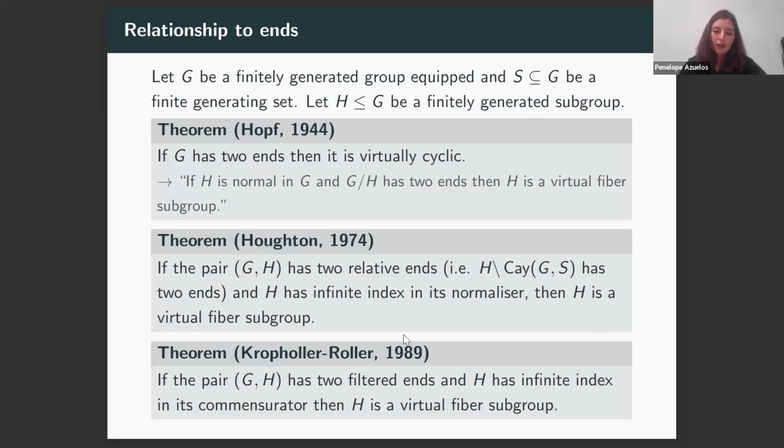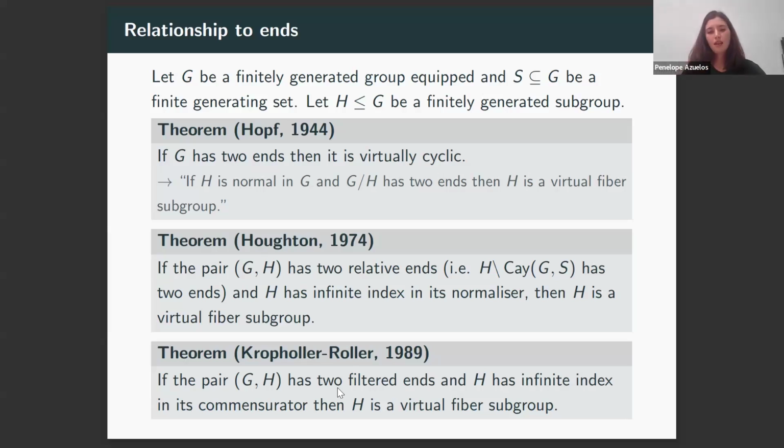And yeah, without going into the details, this assumption on the ends is a little bit stronger than the assumption that the pair has 2 relative ends, but the algebraic assumption is a fair bit weaker. So there's something to be gained by strengthening the geometric condition.